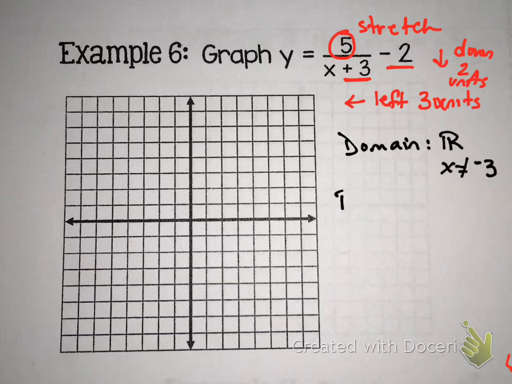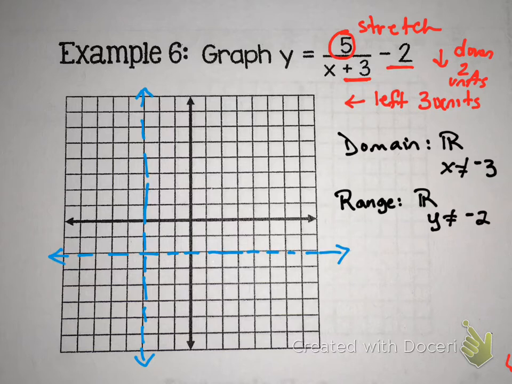And my range is all real numbers except y cannot equal -2, because that's the k value. So I'm going to graph. x cannot equal -3, so here's my vertical asymptote, and the horizontal asymptote is going to be right here at -2.